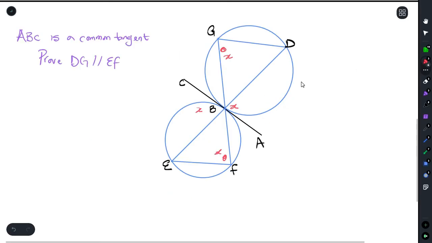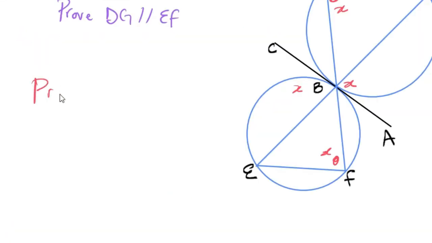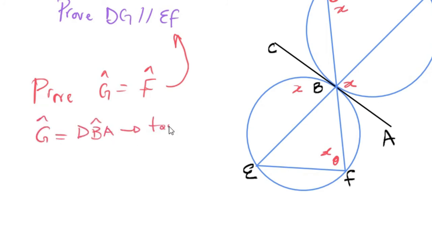So we write the proofs. We are trying to prove that G is equal to F. Because if you are able to prove that angle G is equal to F, you definitely prove that this is parallel. The first thing I see over here is that G is equal to DBA, tan-chord.